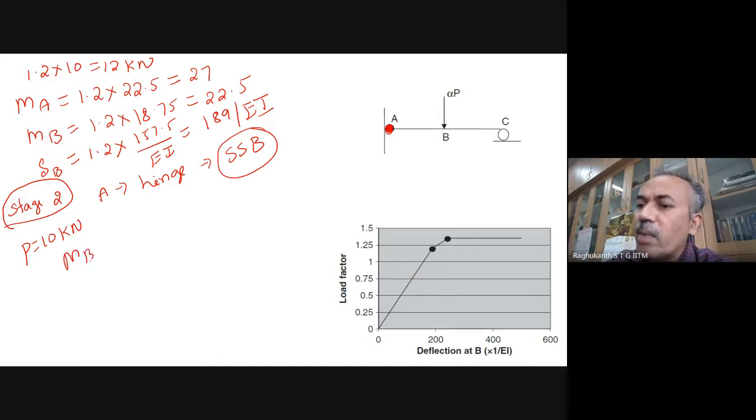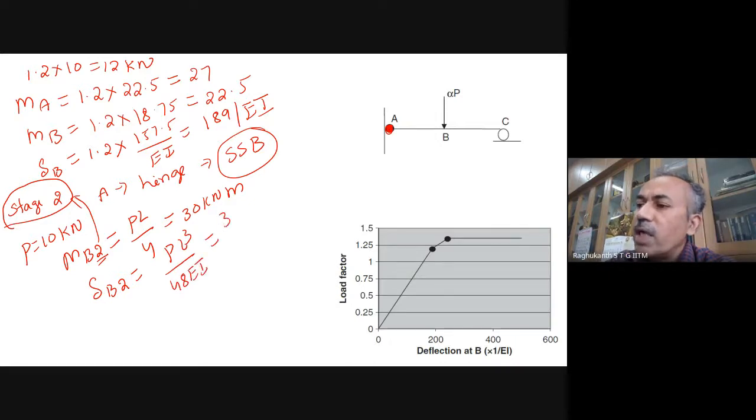The bending moment at A is 0, and at B it is PL by 4. The 2 stands for stage 2 analysis. This turns out to be 30 kilonewton meter. Then the deflection at B comes from PL cube by 48 EI, which turns out to be 360 by EI.